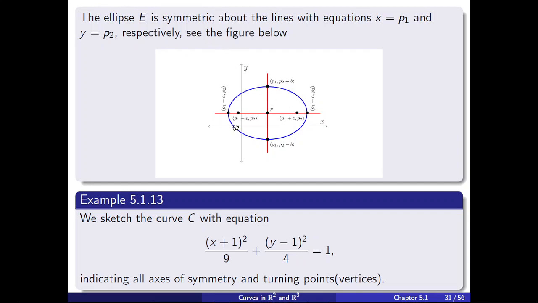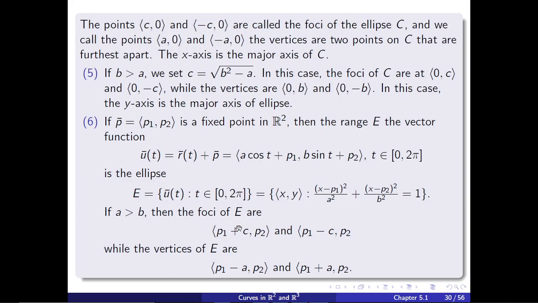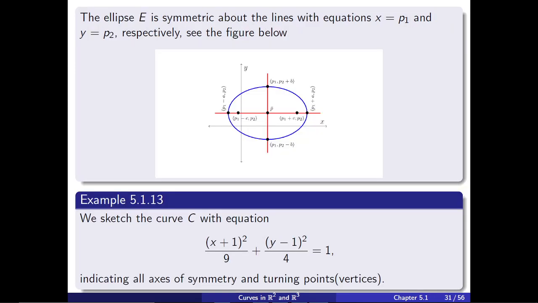So we can see that it has been shifted, and we can see all the information that we have been explaining here, right? The foci are (p1 plus c, p2) and (p1 minus c, p2).